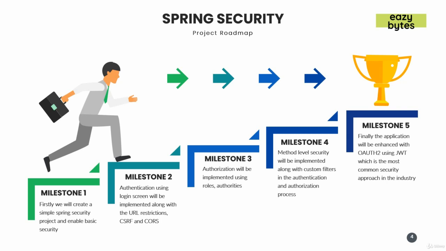While we are discussing section by section each theory topic of Spring Security, parallelly we'll be building an application throughout all these milestones, right from creating a basic Spring Security project and enhancing to have a login page for it and implement authentication, authorization rules inside it, and configuring passwords, method level security inside it, and at last we'll also build an application using OAuth2 framework by pointing to the GitHub authorization server, where our project will point to the GitHub authorization server to allow user to use his GitHub credentials to log in into our application.